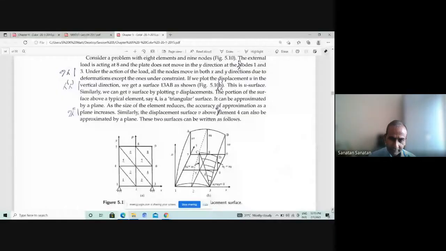Think of it that you have a rectangular plate, with loading P acting at the top edge, and it is fixed at the bottom edge at 2 points. You split it into a number of elements of finite dimensions.